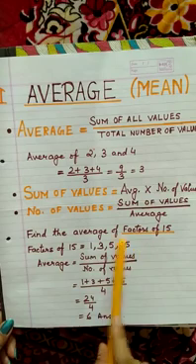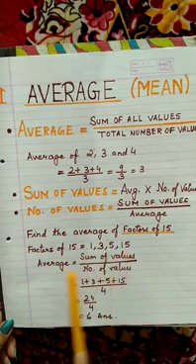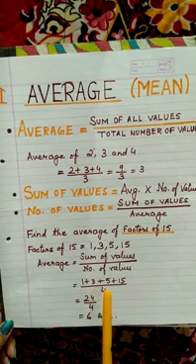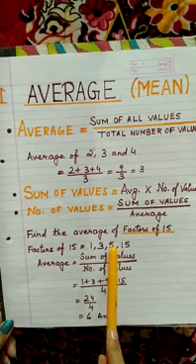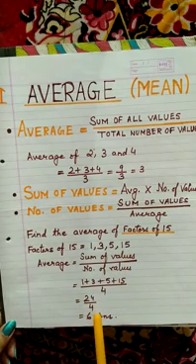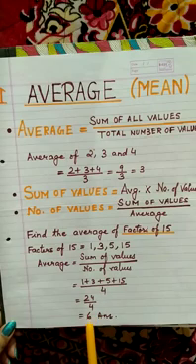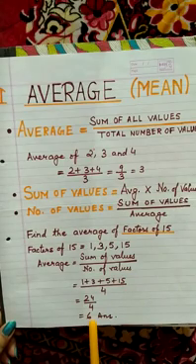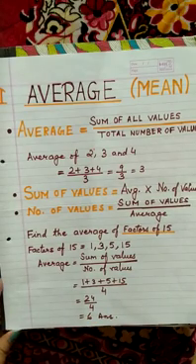Average is equal to sum of values, that is 1 plus 3 plus 5 plus 15, divided by number of values, which is 4. We have 24 by 4, that is 6. So the average of factors of 15 is 6. I hope average is clear, children.